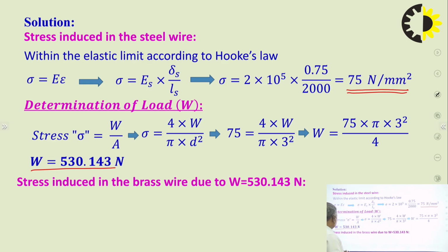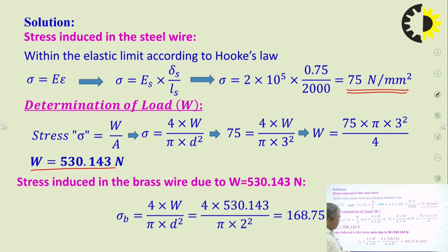The stress induced in the brass wire due to this load W, sigma B, is equal to W upon A, and A is pi by 4 into D square, the same as before. So 4 times 530.143 divided by pi into 2 square, where 2 millimeter is the diameter of the brass wire.